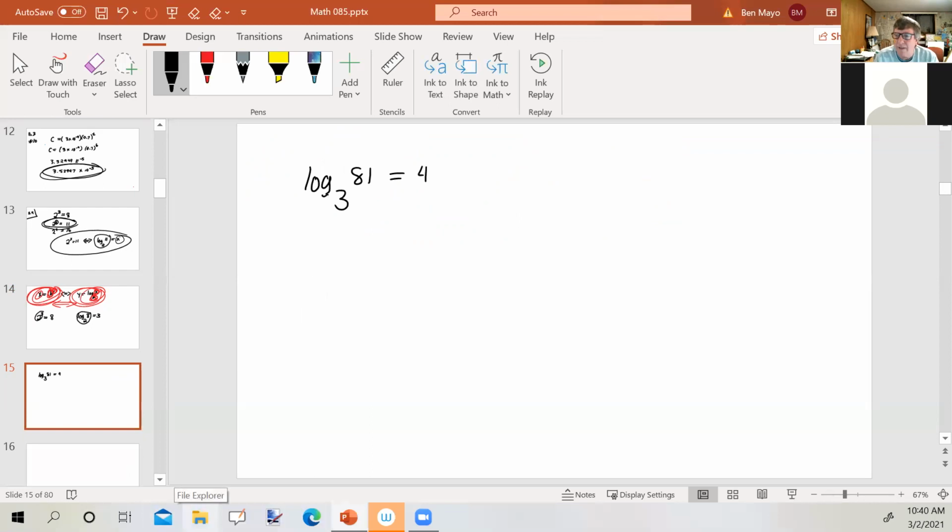So rewriting that as an exponential equation, we would have 3 to the 4th power equals 81. And of course, this is true. 3 times 3 is 9, times 3 is 27, times 3 is 81. But again, notice the base is the same, but the players changed places in terms of who's connected with the 3. Any questions about that one?